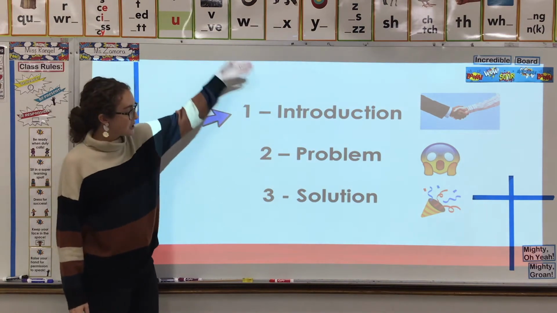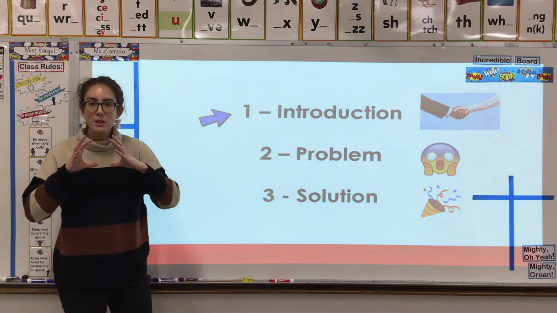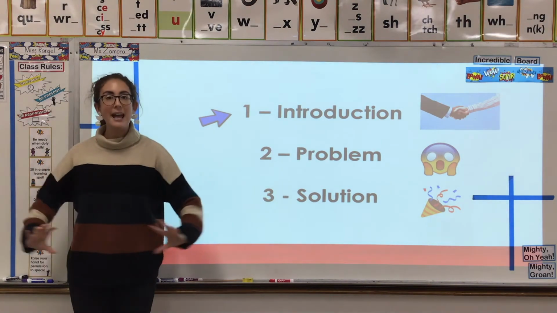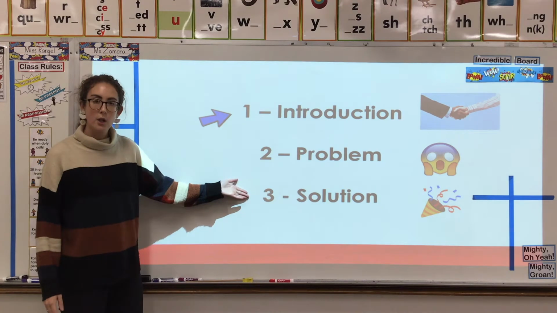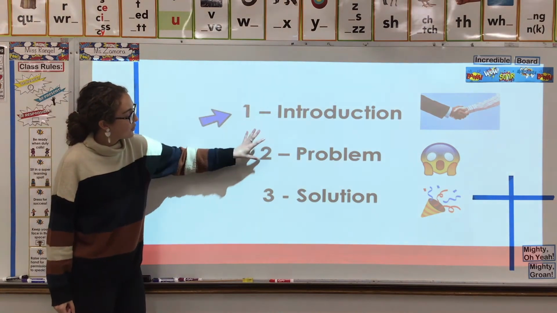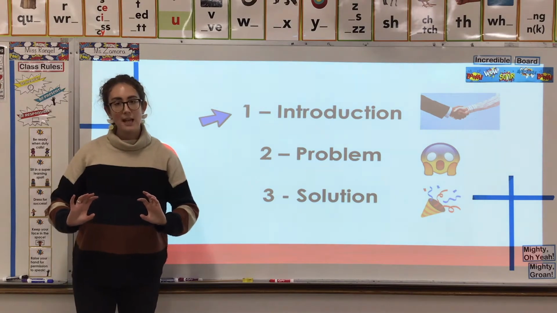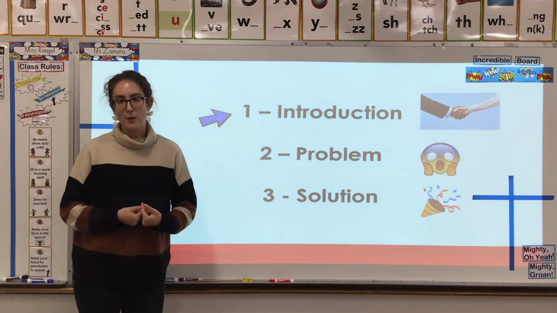After the introduction, we'll draft our problem, the big happening to our main character, and then our third paragraph, the ending, is the solution, how the problem gets solved. So we're going to work through the 3 paragraphs in our story over the next few days to draft each one and focus on different skills.